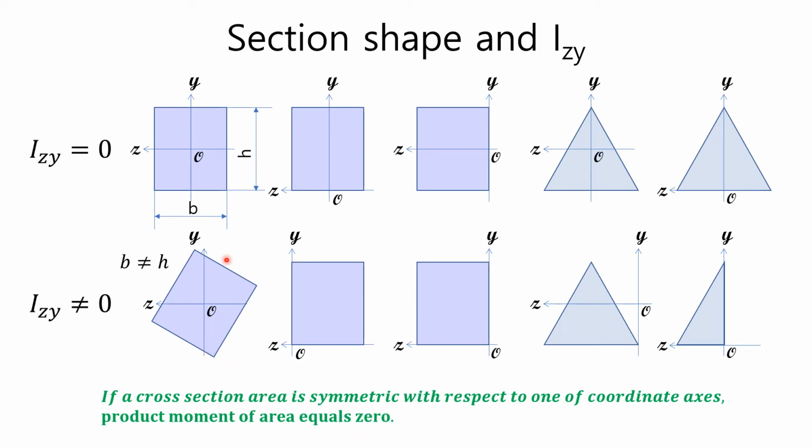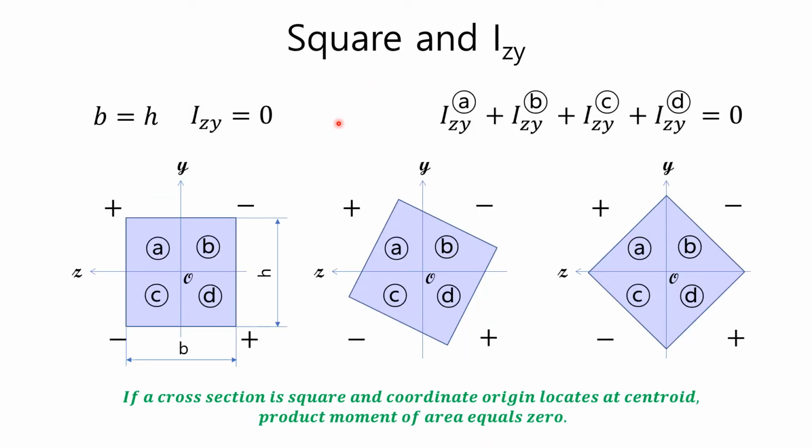In this rectangle, the width b doesn't equal the height h. This is not a square. In the square shape, the width b equals the height h. Then the area of every quadrant is the same. That means areas A, B, C, and D are the same.